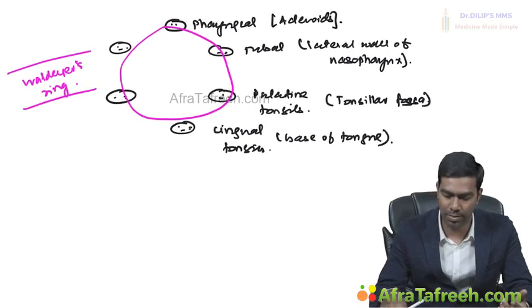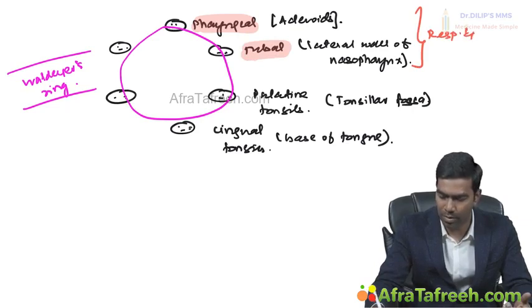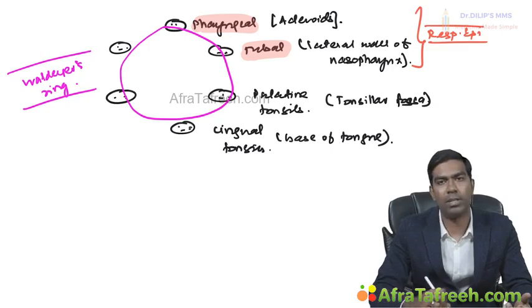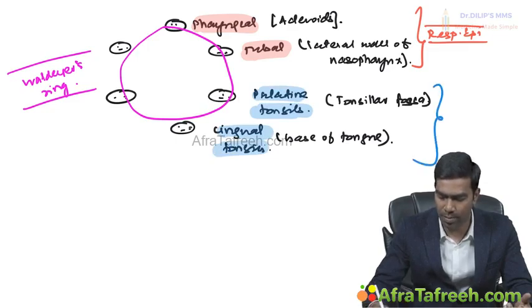And some important points for exams about Waldeyer's ring. If you ask me what epithelium is seen in the pharyngeal tonsils, that is the adenoids, and in the tubal tonsils, these two will contain respiratory epithelium, that is ciliated columnar epithelium. And if you ask me about the palatine tonsils and the lingual tonsils, what epithelium they contain?